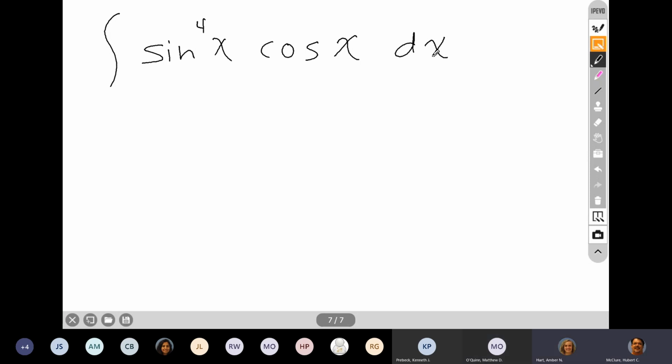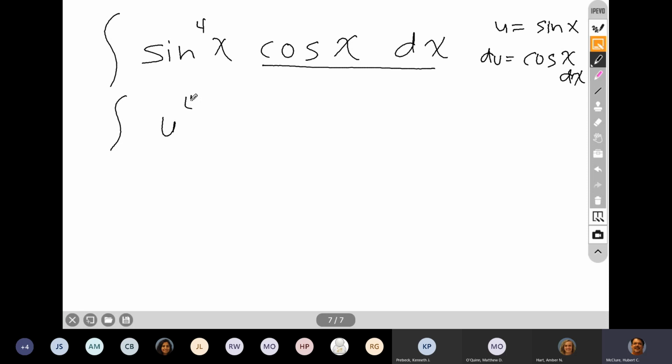Wait. So u is equal to sine of x. So du, sorry, is equal to the cosine of x dx. Well, we've already got the cosine of x dx. So this is u to the 4th du. Therefore, the answer is sine to the 5th x over 5.